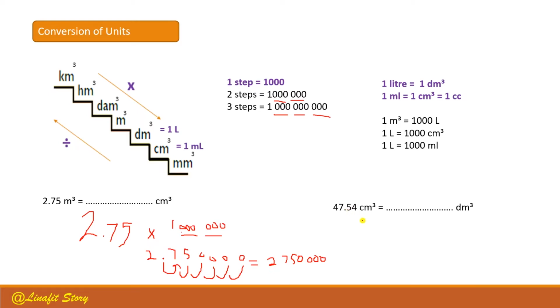Next is convert 47.54 cubic cm to cubic dm. So we step up. We divide. How many steps? Only one. So divide by 1,000.